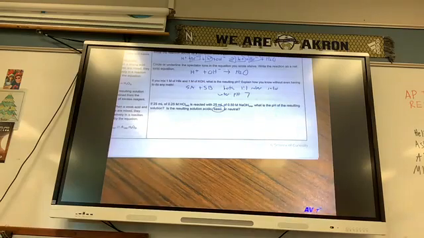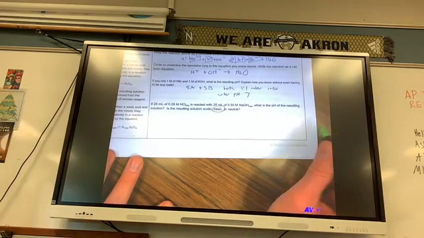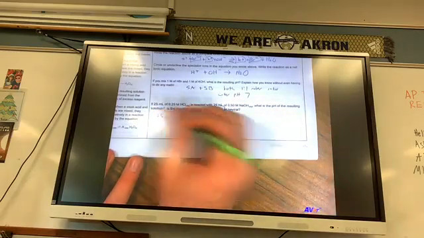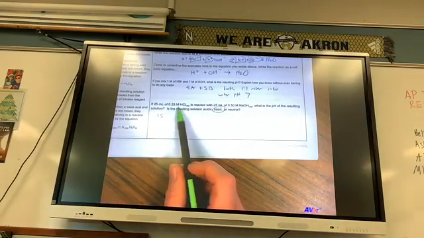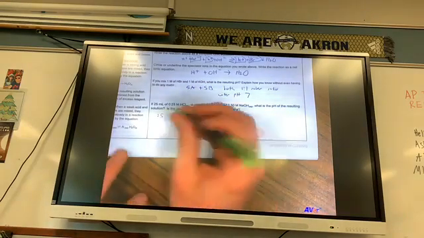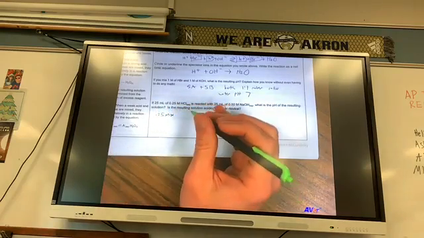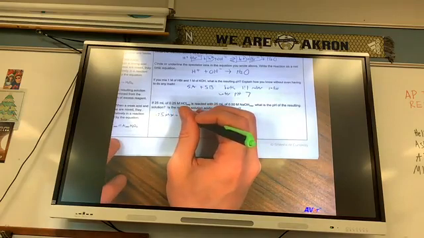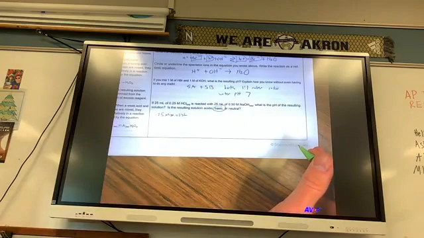I'd figure out moles first. I have 0.25 molar times how many liters? 0.025 liters. So how many moles of HCl does that give me?